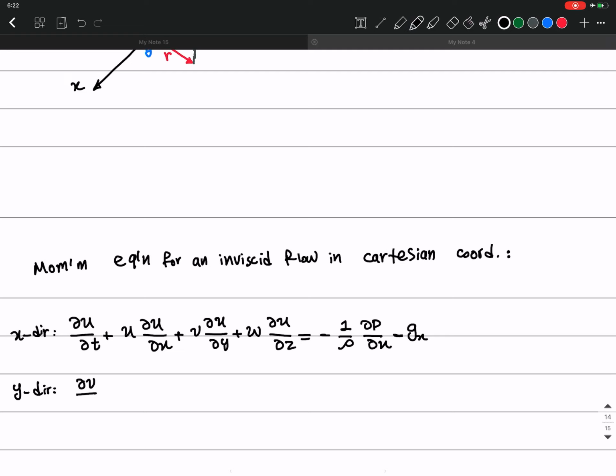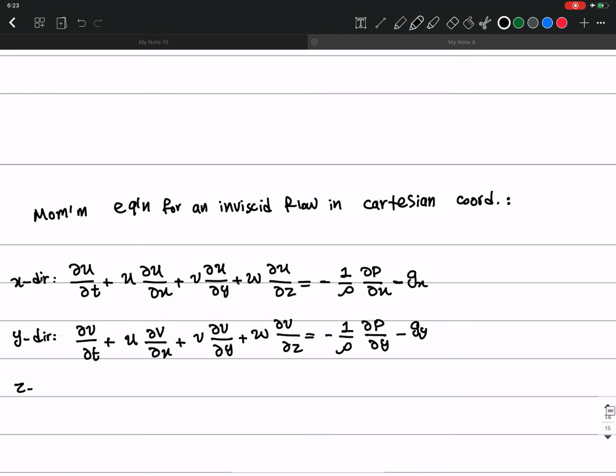So it's going to be partial v, partial t plus u partial v over partial x plus v partial v over partial y plus w partial v over partial z equals to minus 1 over rho partial p over partial y minus g y.